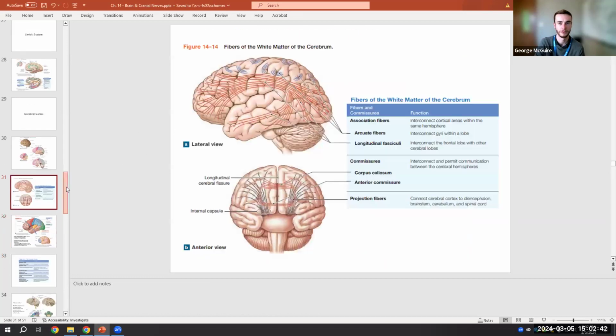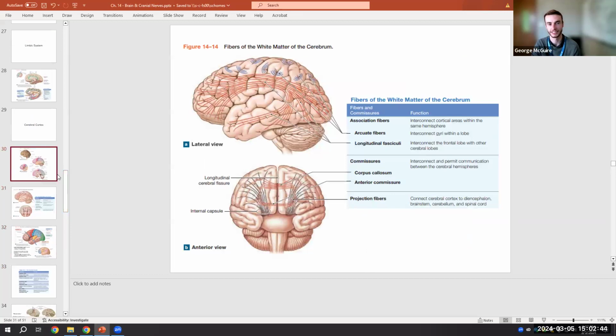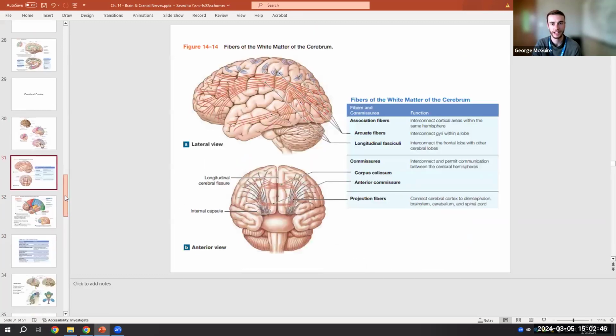Okay, and then I moved past this slide to talk about that since I had brought it up here. So moving back a little bit, we do have some different types of fibers. Fiber networks really might be a better way to describe it. In our brain, we have association fibers, which are going to mainly be going anteriorly and posteriorly, front and back. We have commissures.